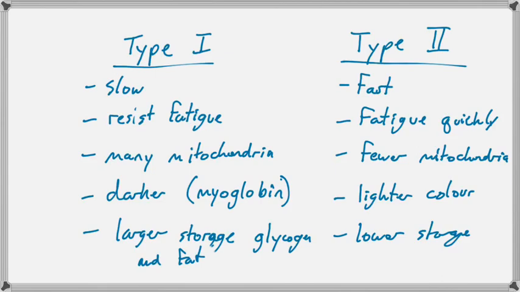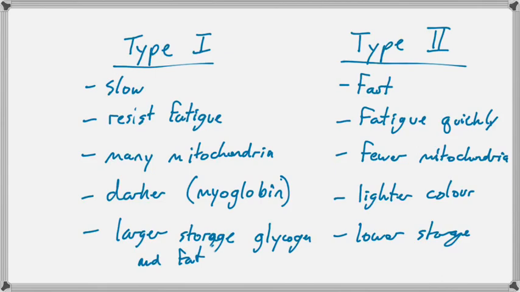If you want type 2 muscle, you want the white meat, typically the breast, like the pectoral muscles of the bird, because they need to move very fast. Chickens, when they fly, have to flap their wings very rapidly. So that's a fast type of muscle.